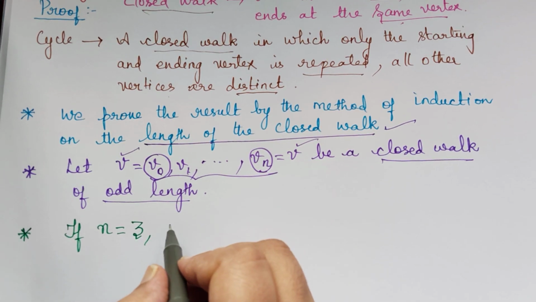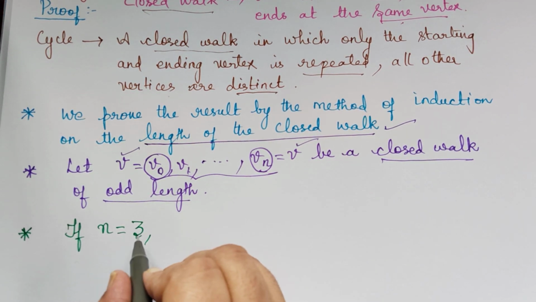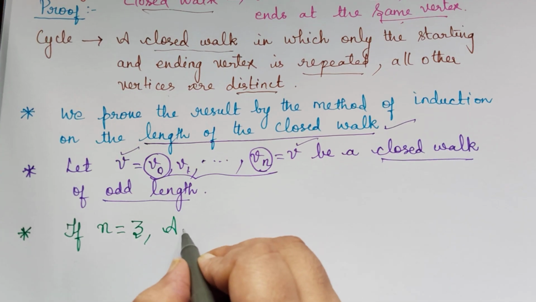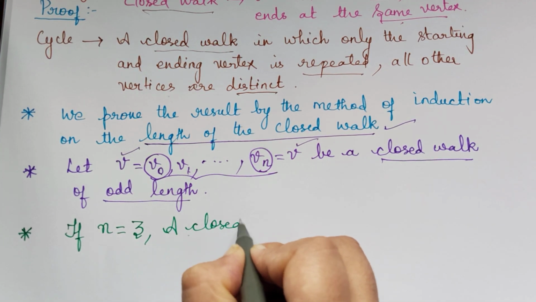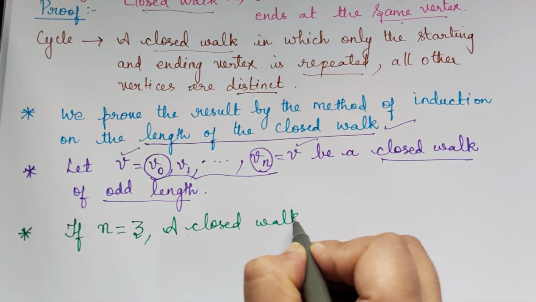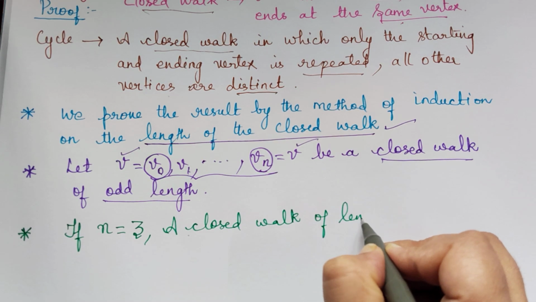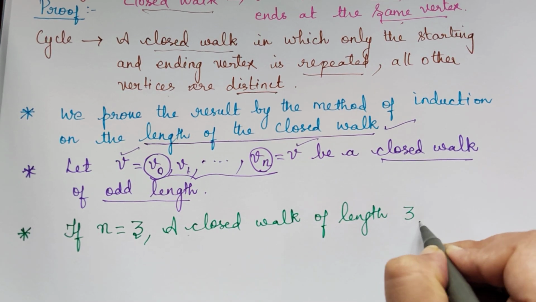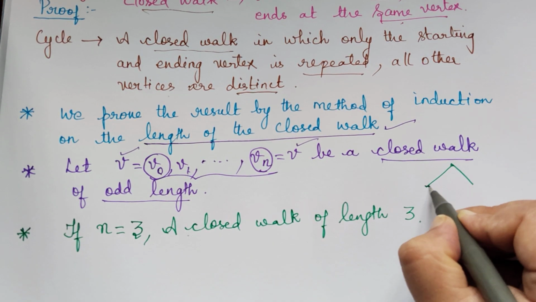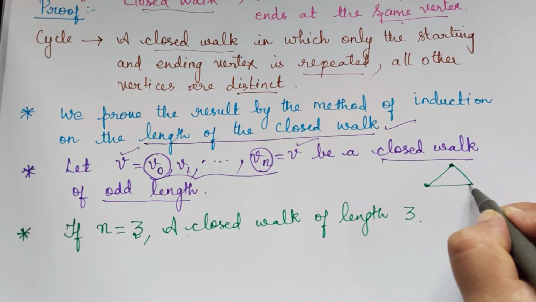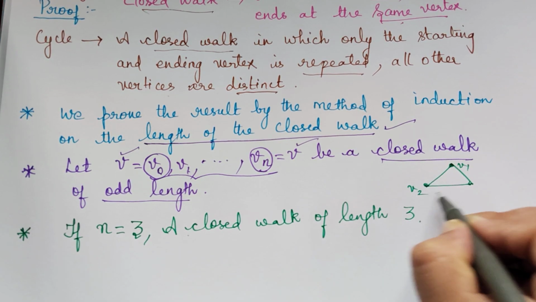So a closed walk of length 3, and 3 is an odd length. It will be like this. So this is V1, V2, V3.